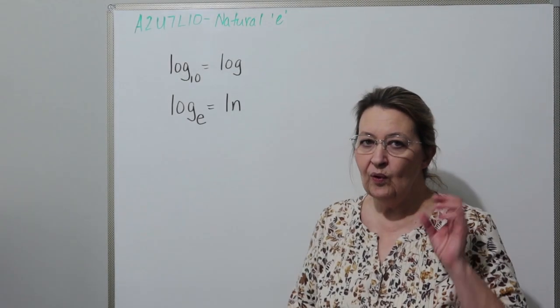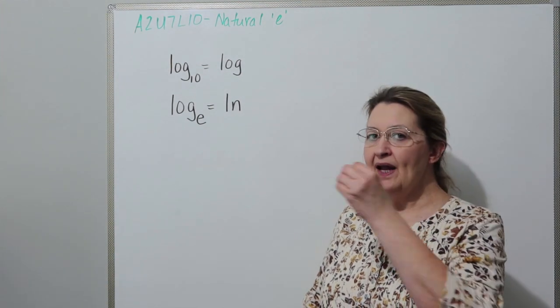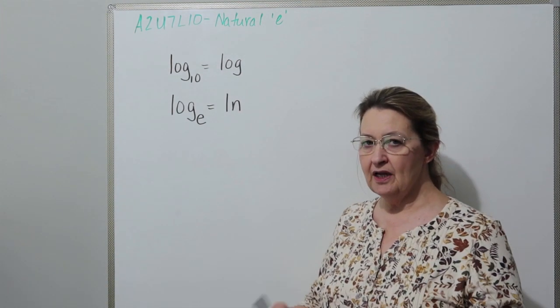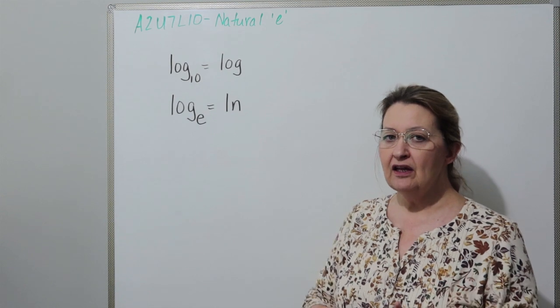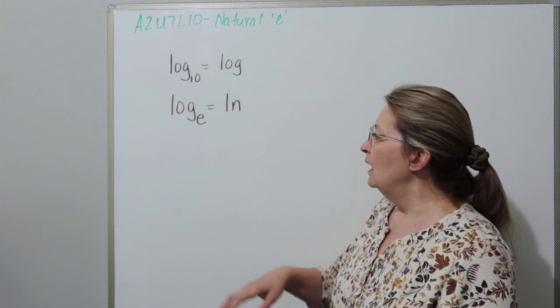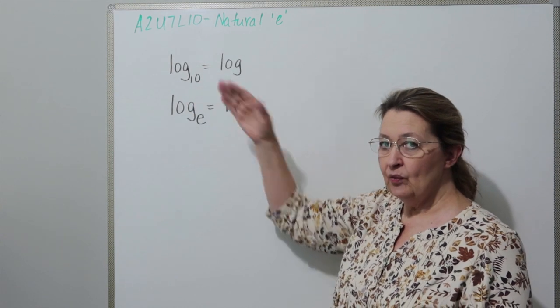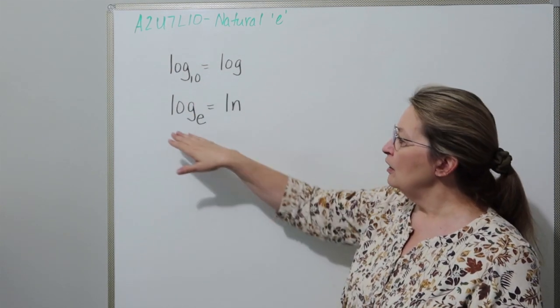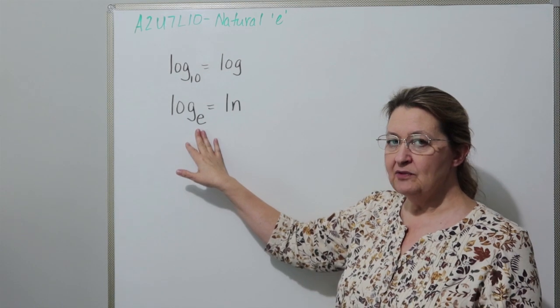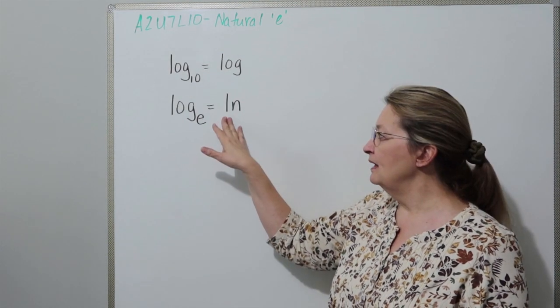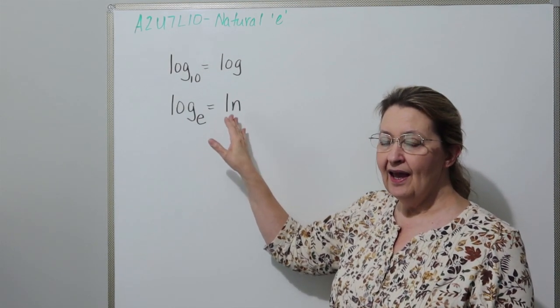So now that we know what E is, let's look at what it has to do with logarithms and exponential functions. It's very closely tied into that. Just like log base 10 can be written log, we understand that's what it means. Log of base E became so common that they invented a new symbol for it, ln.